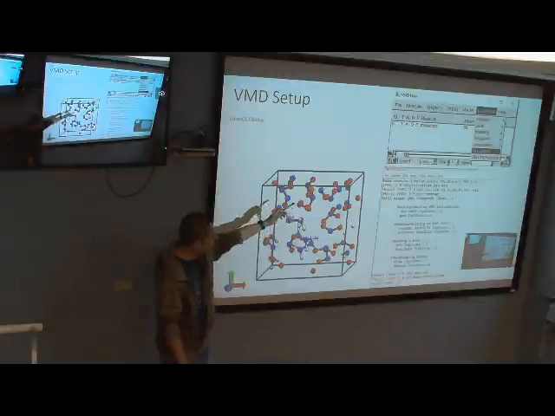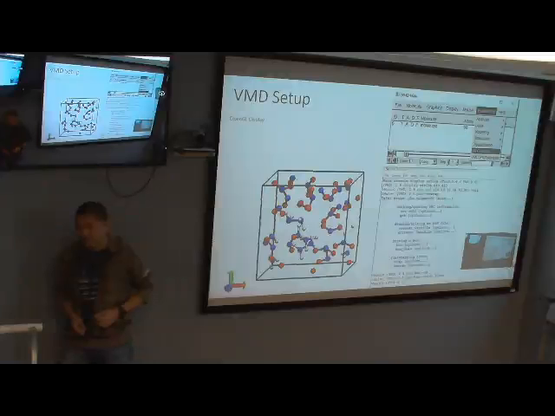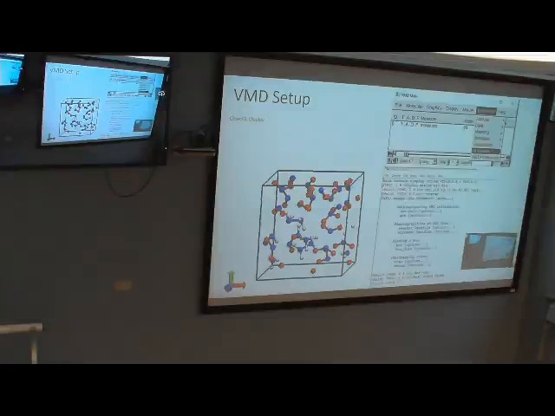I type in this command, and we can have this black box right here. It just makes this cage. It doesn't affect the data. No, it's just visualization.